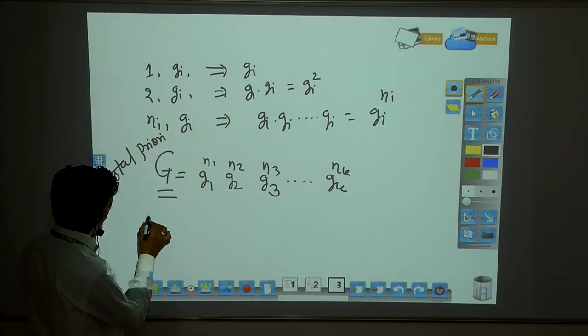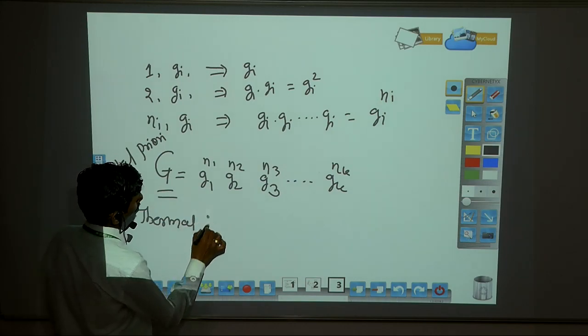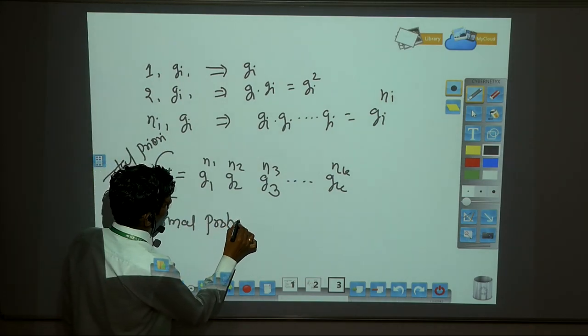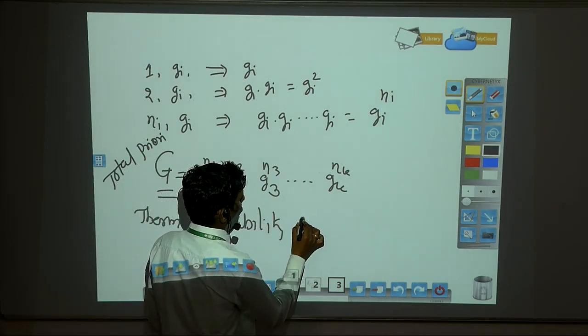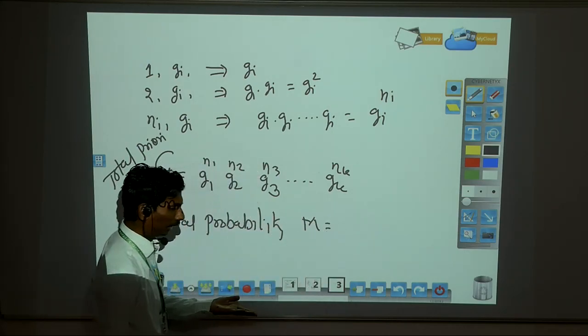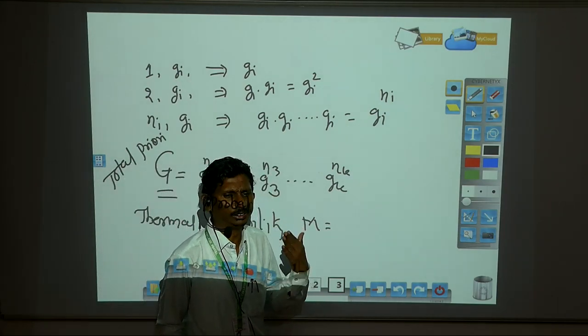Now we are considering the thermal probability, and we represent it by the formula m. It is nothing but the arrangement of n particles in k cells in different ways.